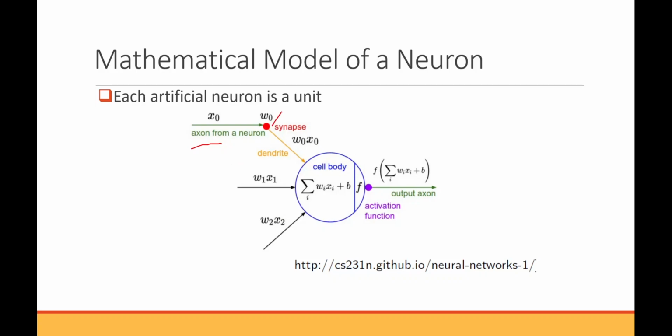Each of its synapses has an accompanying weight. Any information received by this dendrite is multiplied by the corresponding synaptic strength and then gets added here within the cell body.